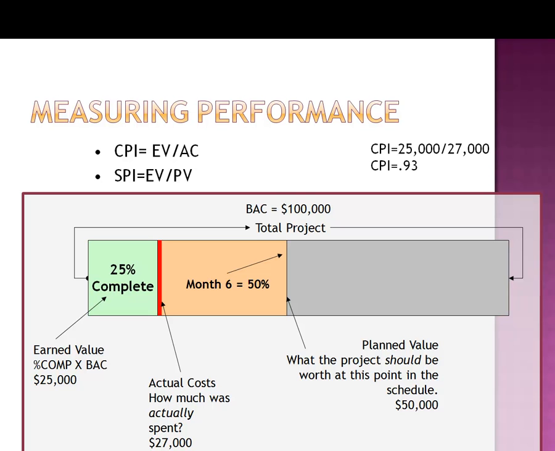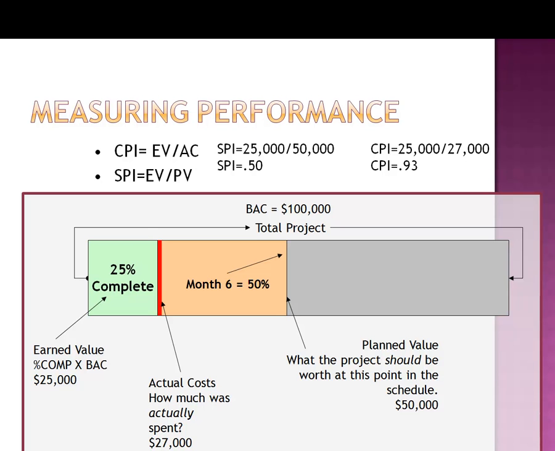So in this example, the CPI would be $25,000 divided by the actual cost of $27,000 for a cost performance index of 0.93. The closer to 1, the better this project is performing. So one way you could look at this, you could say that this project is losing 7 cents for every dollar it spends.